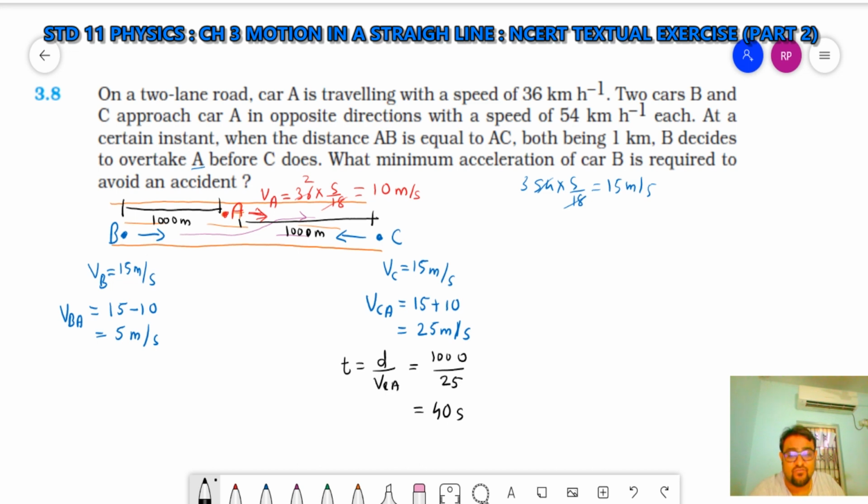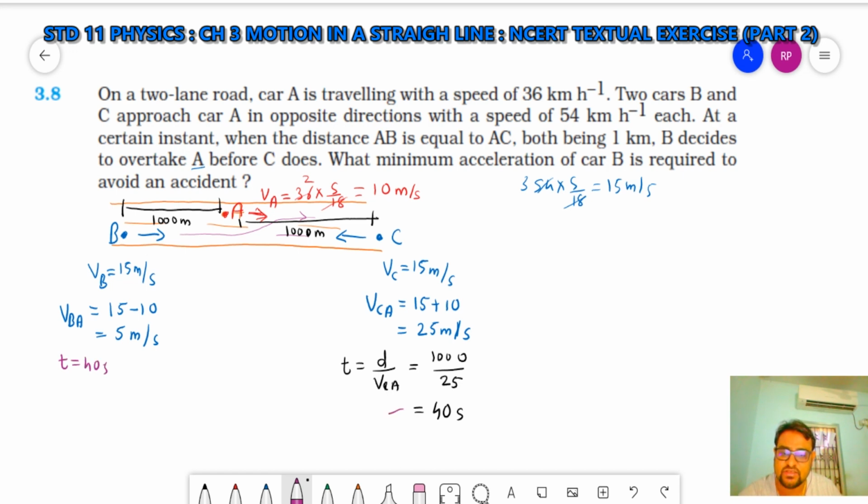If it takes more than 40, it will collide with C. So now here the time is 40 seconds. I will take time t equal to 40 seconds.